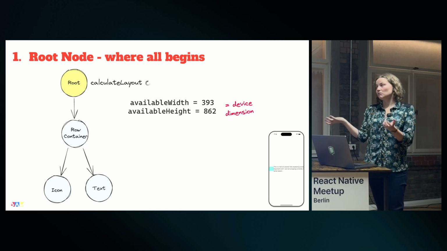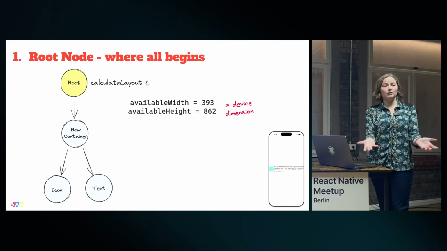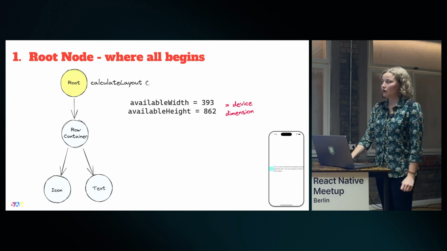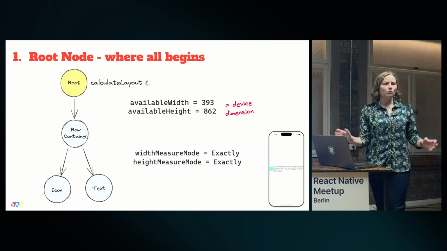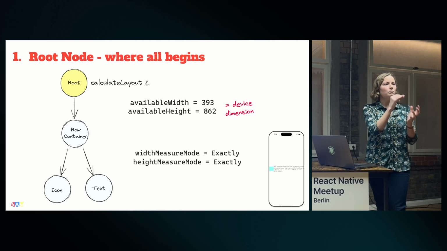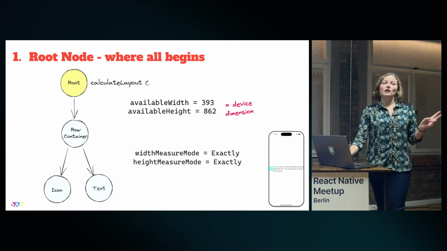So initially, we just give it basically the device dimensions. This is where everything starts. And we also call it with what is called the measure mode, which is saying, how do I have to measure this node in the context? In Yoga, there are only two ways to measure an element, and two only.